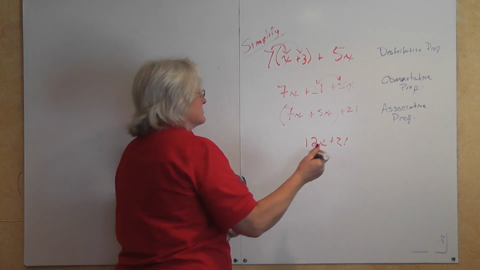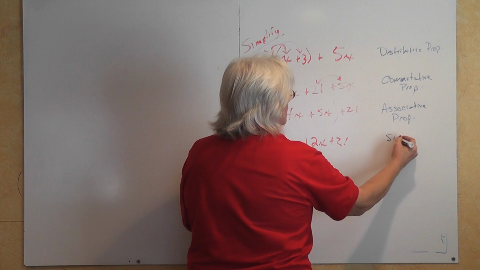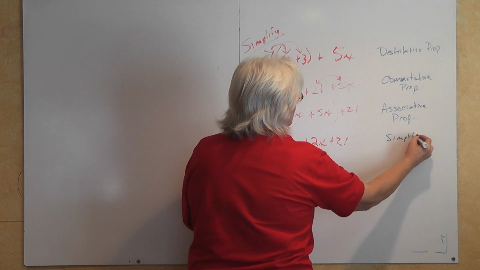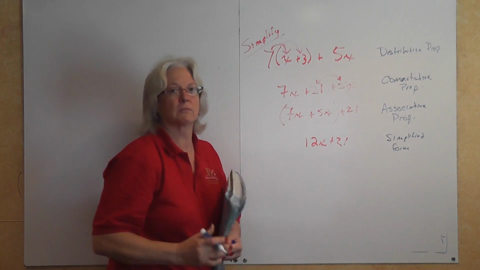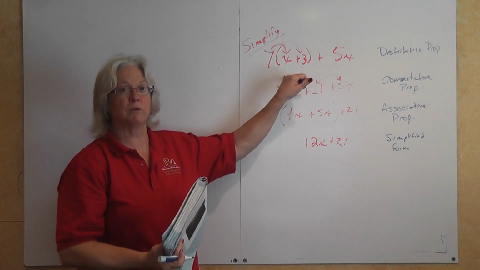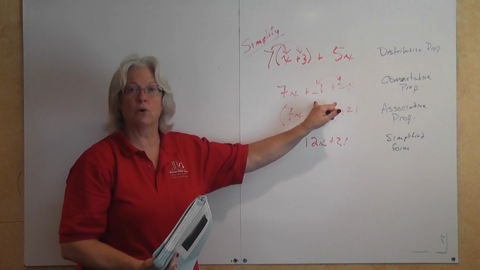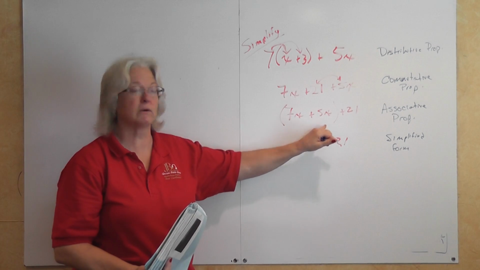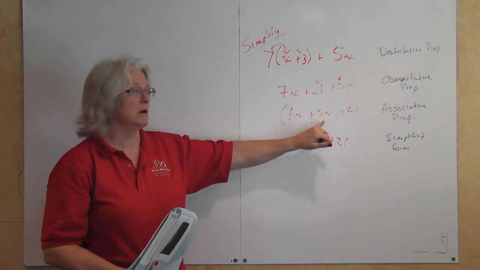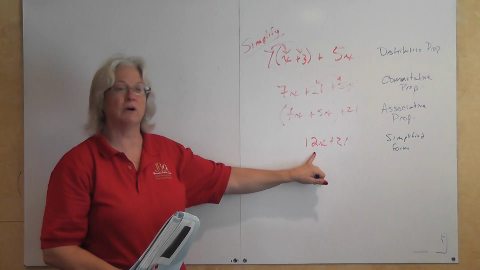And we're finished with this problem. This is in simplified form. We distributed. We changed the order of our addends to put the like terms next to one another. We grouped those. We added the coefficients to get 12x.